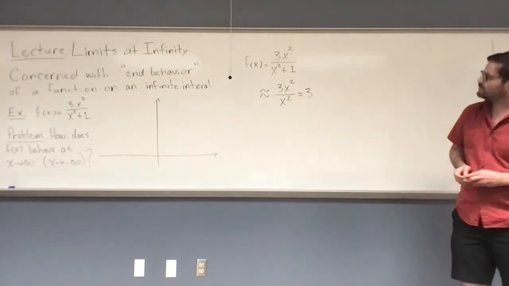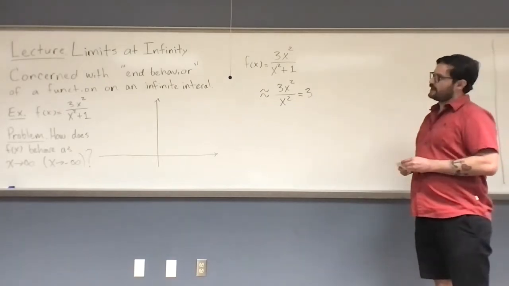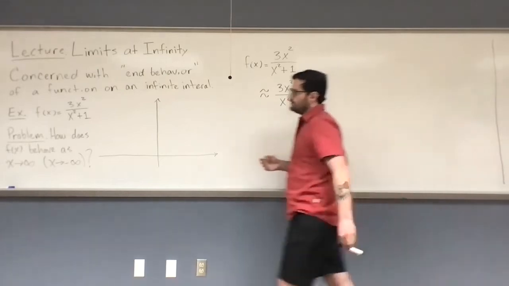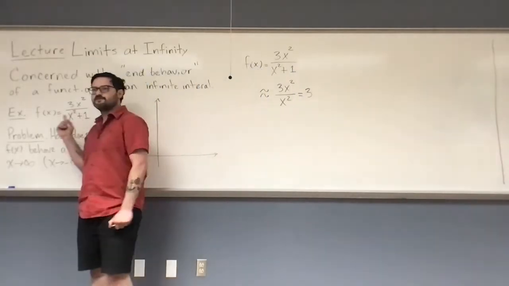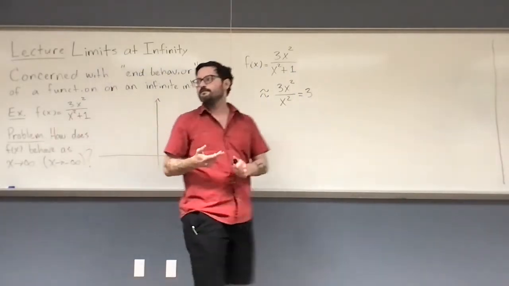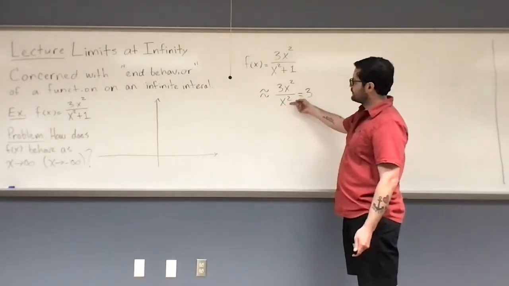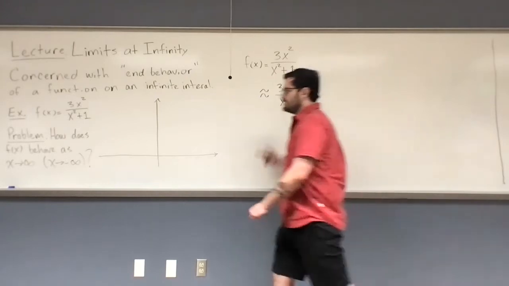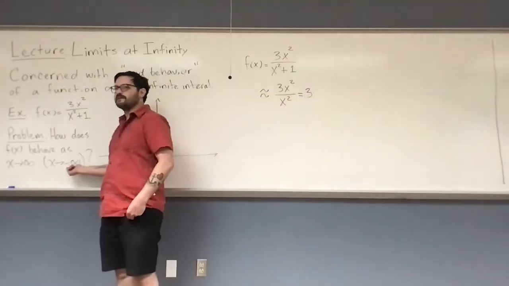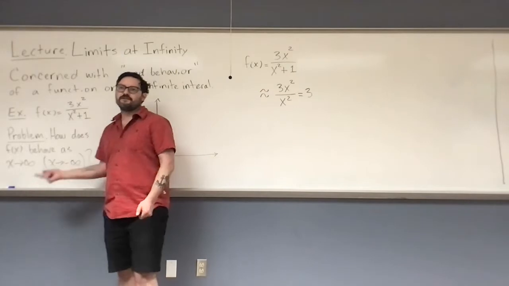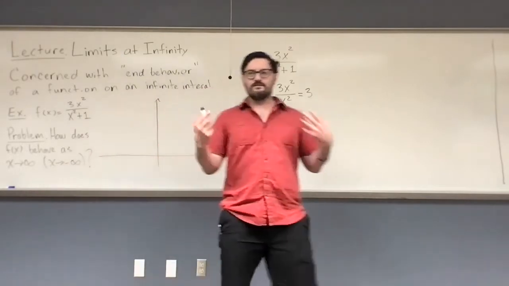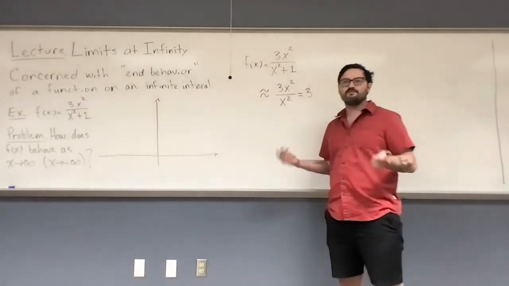So already I have an idea about the behavior of this function as x gets really, really large. And since the variables are being squared, the same thing will hold if x is really, really negative. If x is negative a billion, negative a billion squared is positive a billion squared.